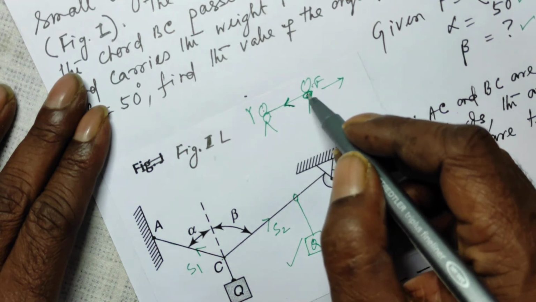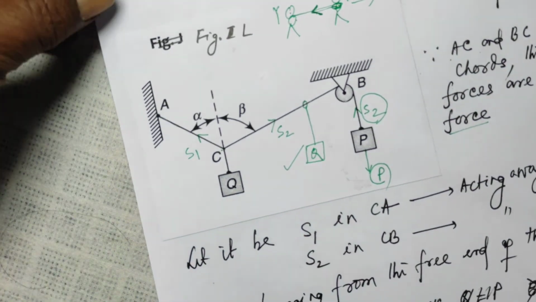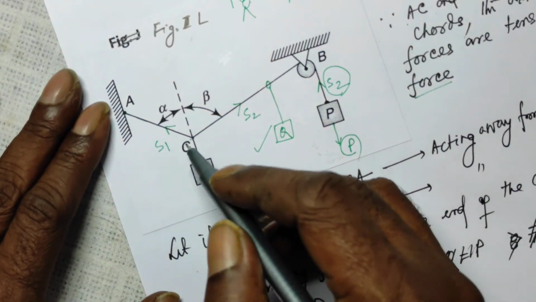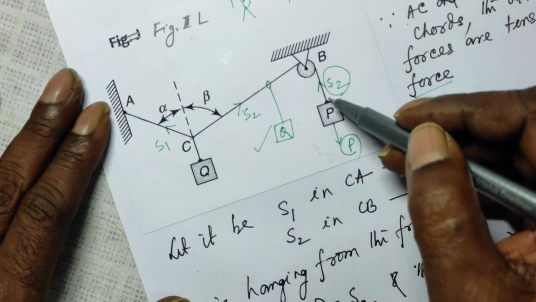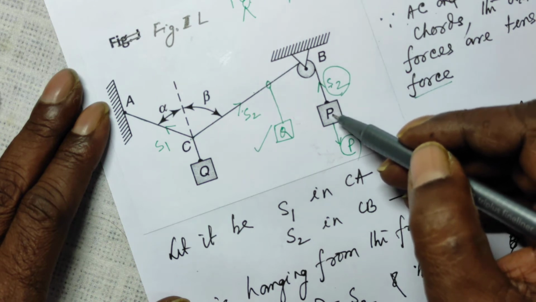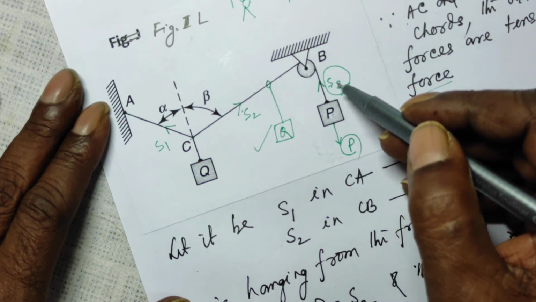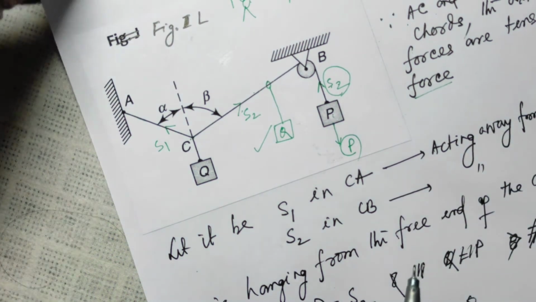So this is away from this point. That is the simple logic. So for the point C, S2 is acting away from it, and for the load P, S2 is acting away from it, because it can withstand the load. This tension S2 cannot push it, right? So that is what I have said.